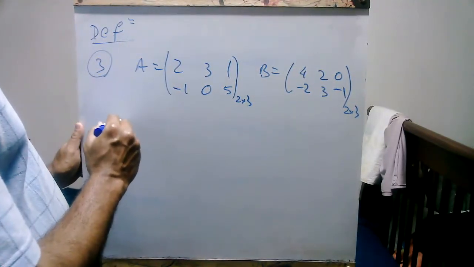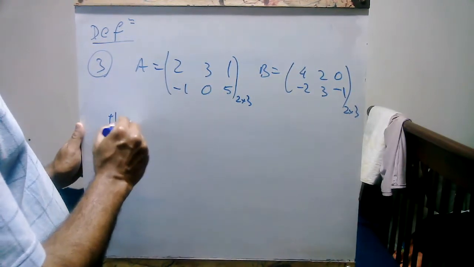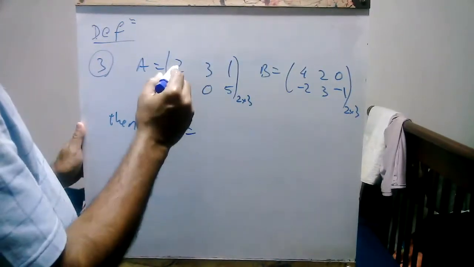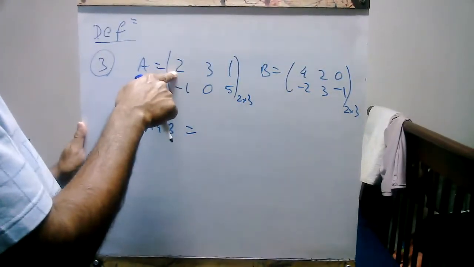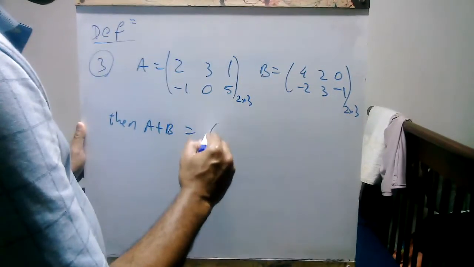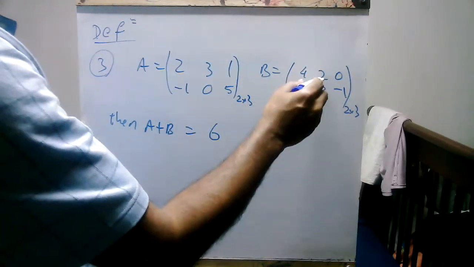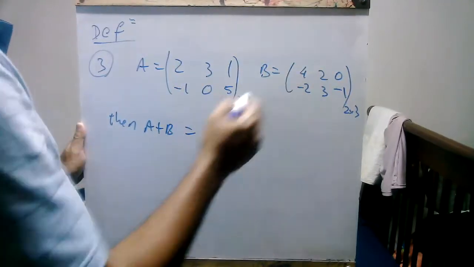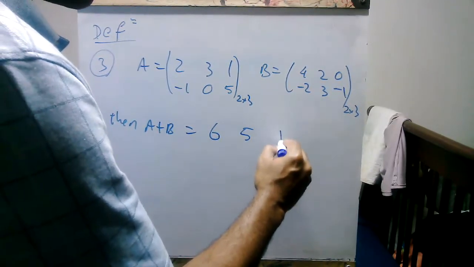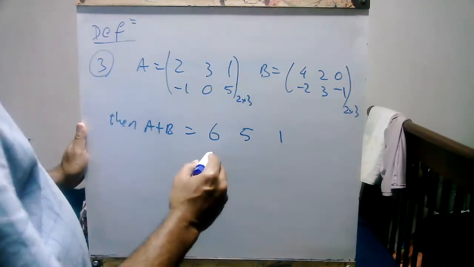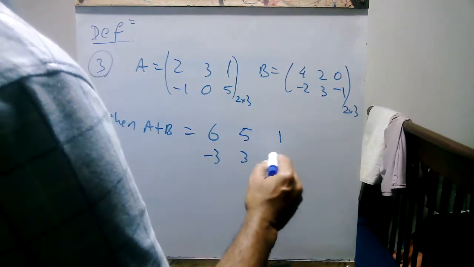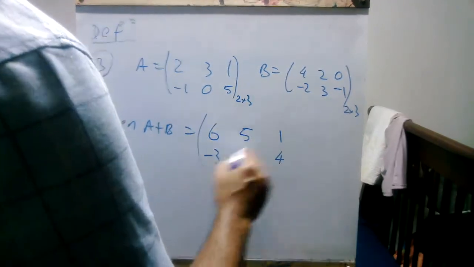If you want to add, then A plus B equals, you add corresponding elements: the 1, 1 element with the 1, 1 element, 2 plus 4 is 6; the 1, 2 element with the 1, 2 element, 3 plus 2 is 5, right?